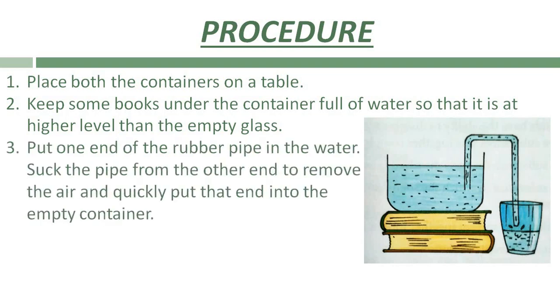Now take a thin rubber pipe and put one end of the rubber pipe in the big container filled with water. Now from the other end, suck the pipe so that the air filled in the pipe is removed. Now quickly put that end into the empty container, the smaller container, which can even be a glass.